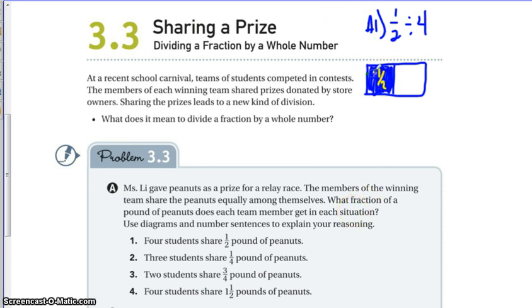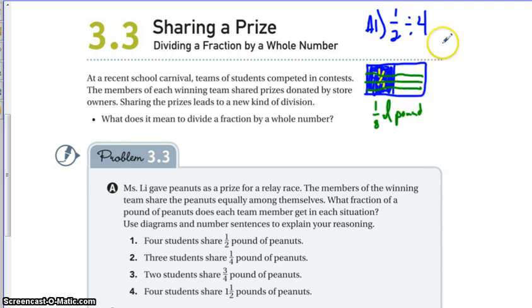Then I would be cutting this into fourths. So 2, 1 more, they're not very equal. But then if I look at this, how much would each person get? Well, I just cut a half into fourths. So if I look at the whole pound, I would have 8 pieces. So each person should get 1/8 of a pound.